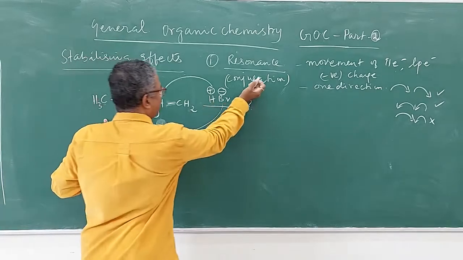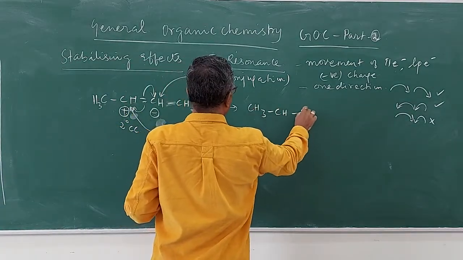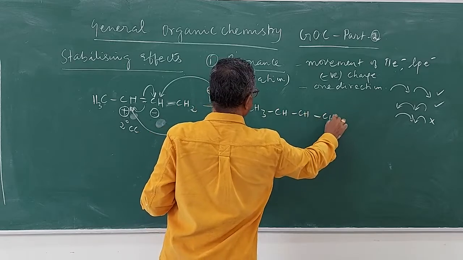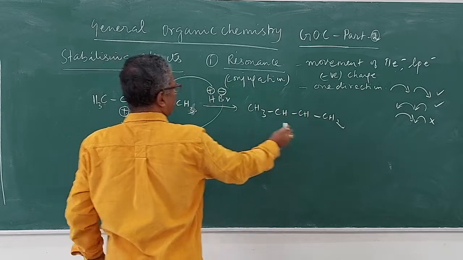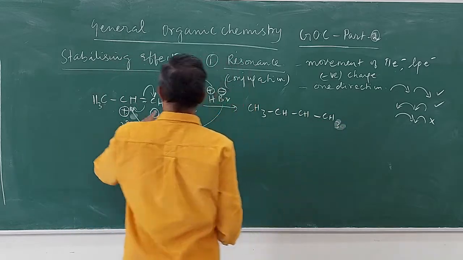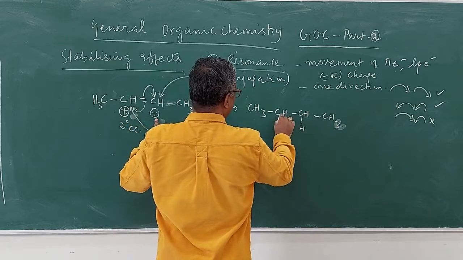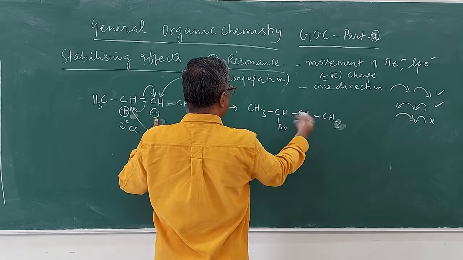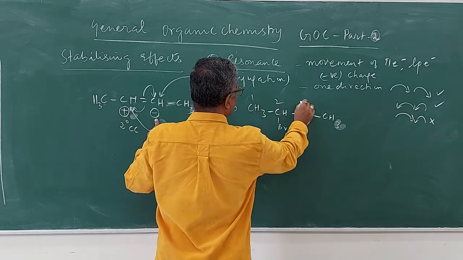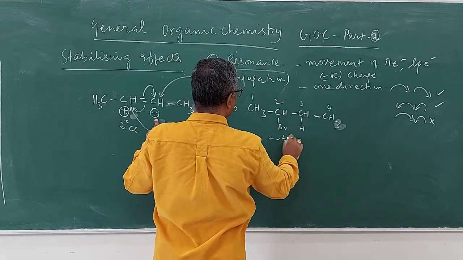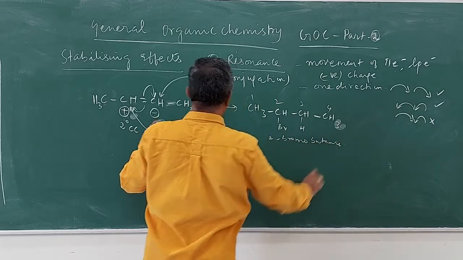So you get the product as CH3, CH, CH, CH2, and here you will have CH3. So the H is getting attached here, Br is getting attached here. Either way it is the same thing. So you get 2-bromobutane.